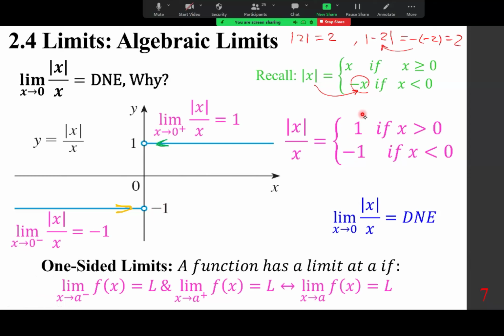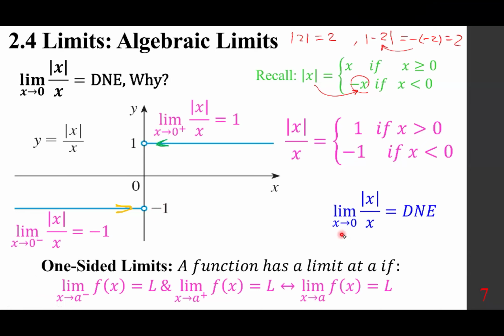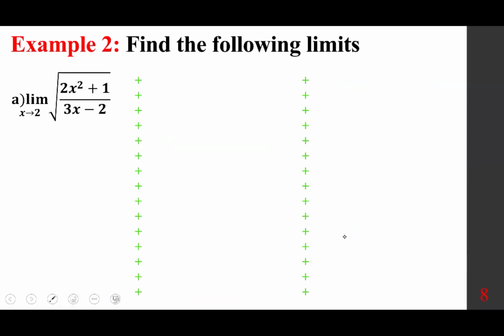And the limit of absolute value of x over x as x approaches 0 does not exist because they are not identical. The limit only exists if both sides result in the same thing. We want to find the following. It means all we have to do is just plug in and observe.